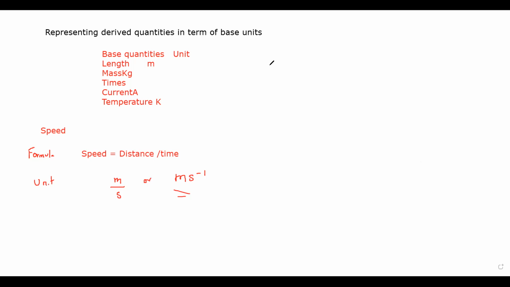In the same way, for example, if I say force. The first thing, you have to write a formula for force. We know force is equal to mass multiplied by acceleration. So that's the formula.